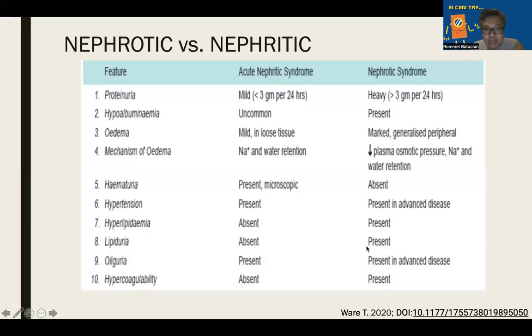That lipid can also be excreted in the urine if it is excessive. Both can present with declining urine output in addition to azotemia or elevated creatinine. Hypercoagulability can be present in nephrotic syndrome, again because of the heavy proteinuria, as compared to acute nephritic syndrome.